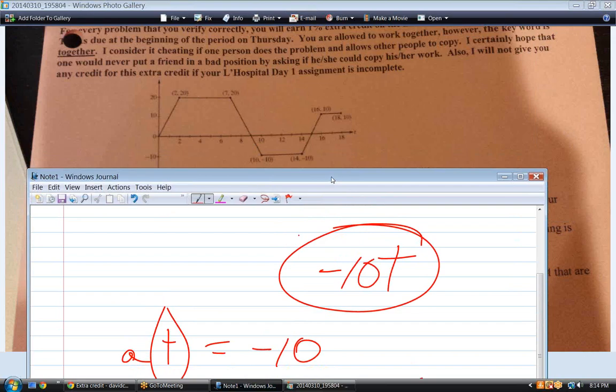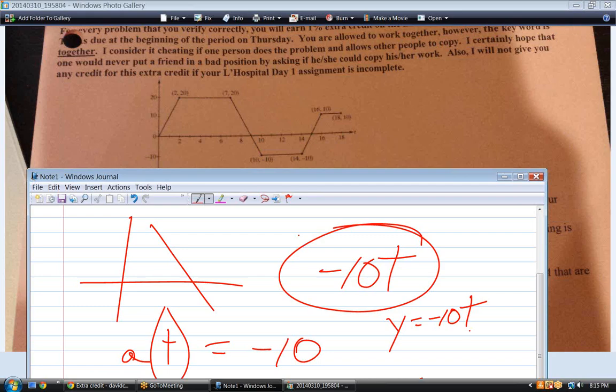Oh yeah. If I ask you to define that line, you would say y equals the slope, minus 10t, and there is a c. In this case, if they want the velocity as an equation of that line, then we need a y-intercept.